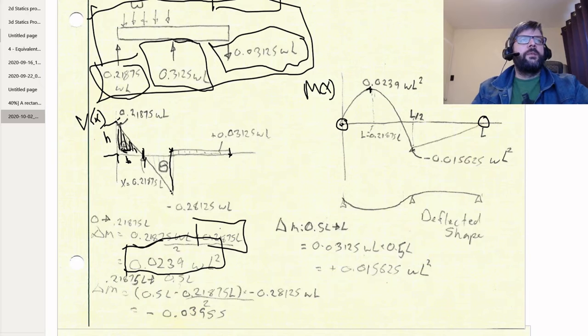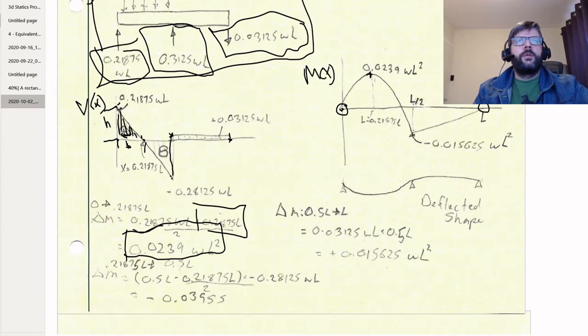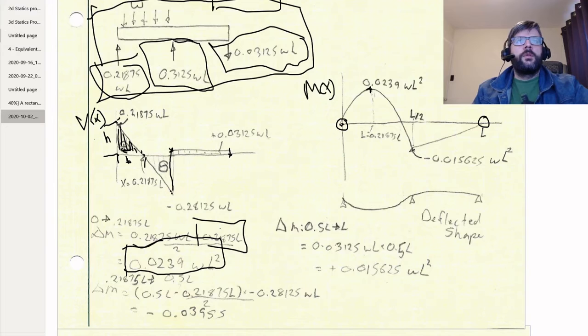And then next we're going to want to find out how much we drop from here to here. So we just need to figure out what the area of this triangle is.